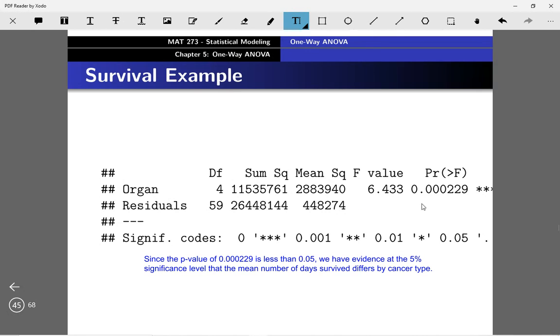Okay, so we don't know which cancer type has the highest survival, which one has the lowest. We just know that they're not the same. That's all this result is telling us.